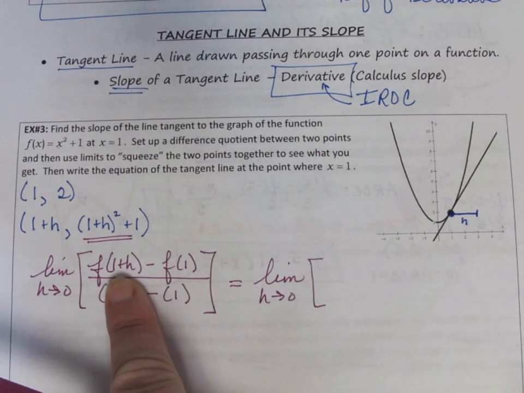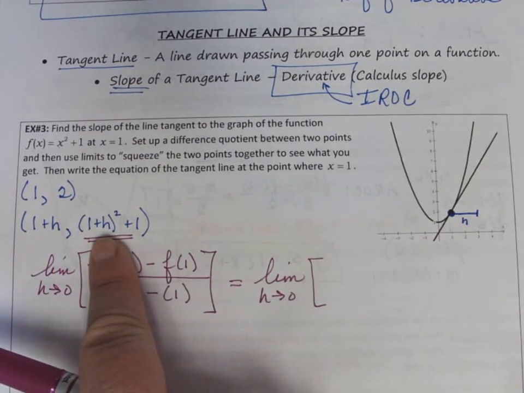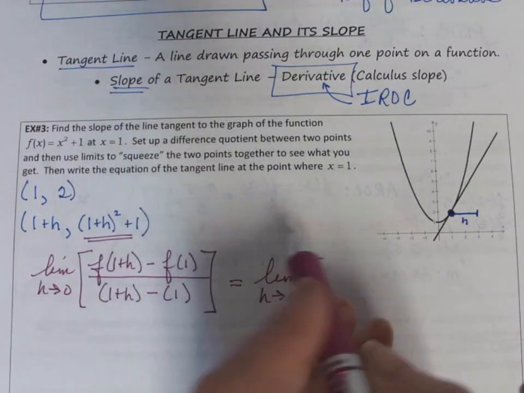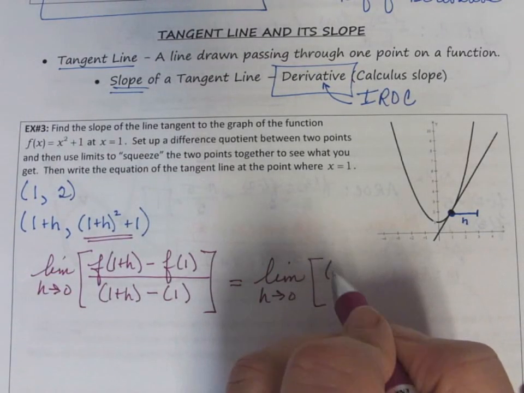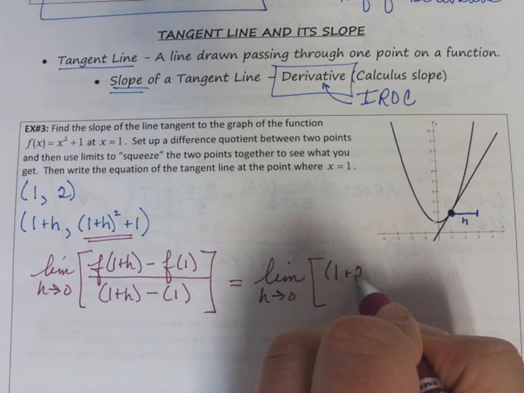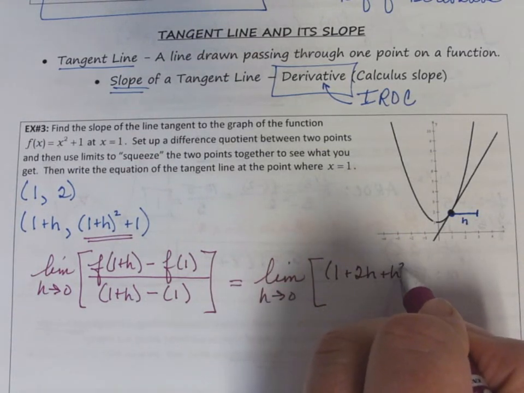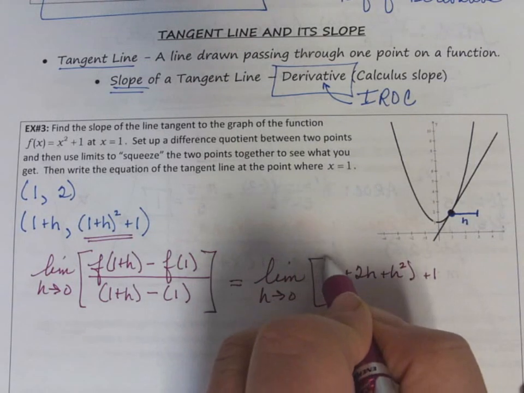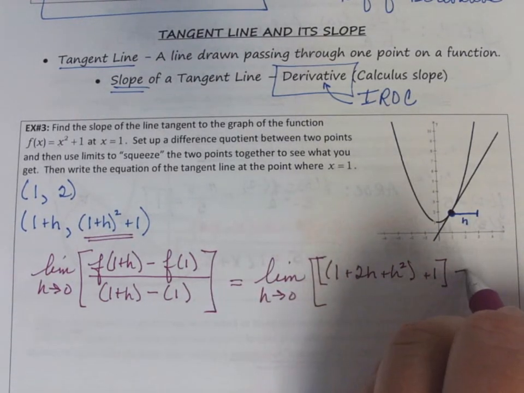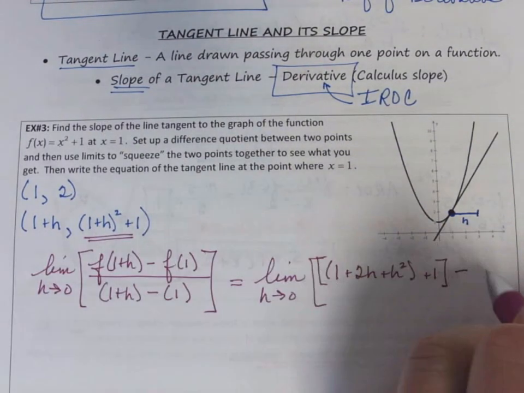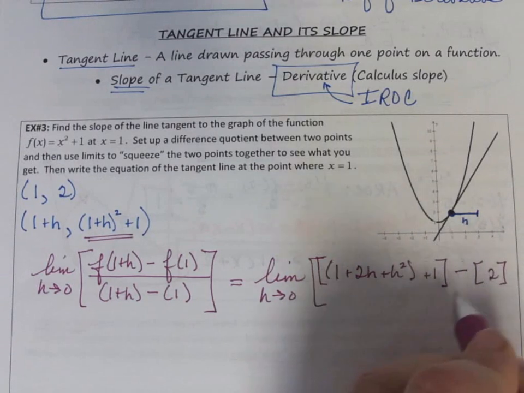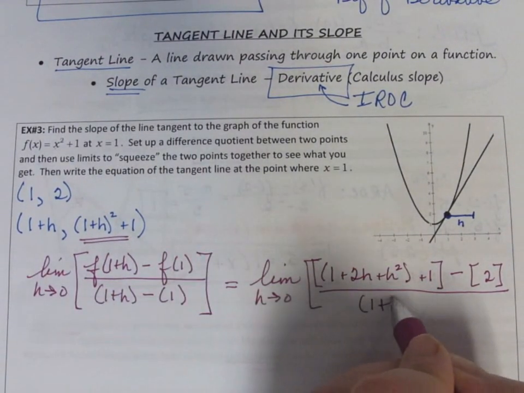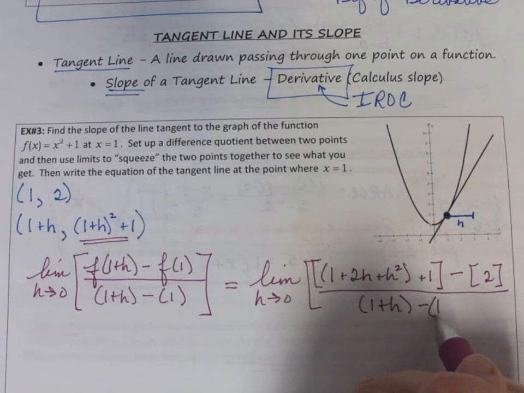But we do know that f of 1 plus h is this quantity 1 plus h squared plus 1. So I'm going to FOIL it out. It's going to be 1 plus 2h plus h squared. Then we have a plus 1. So we have all of that minus f of 1, which is 2, all over 1 plus h minus 1.